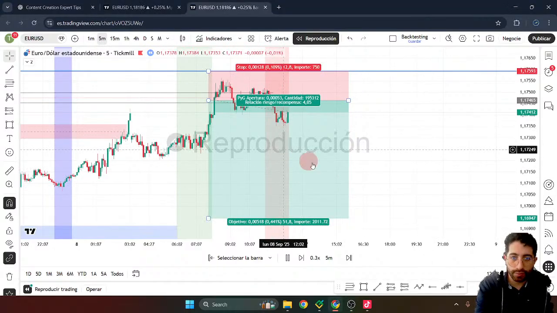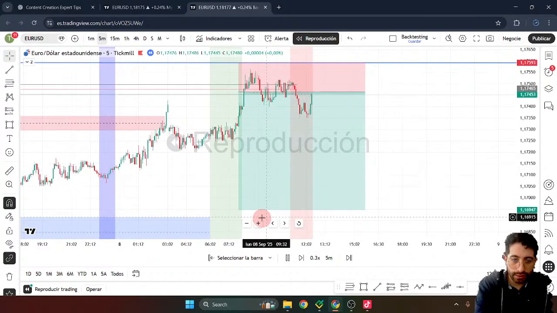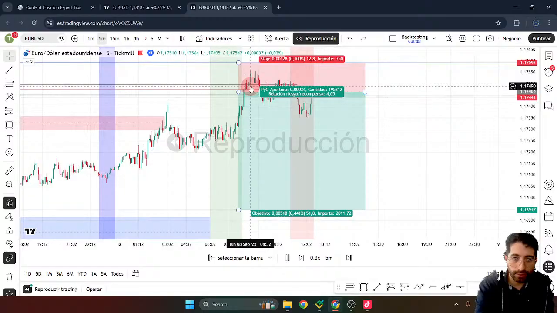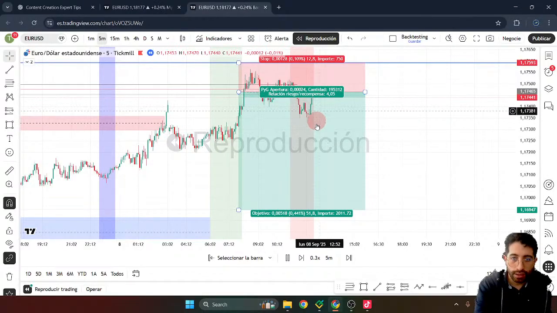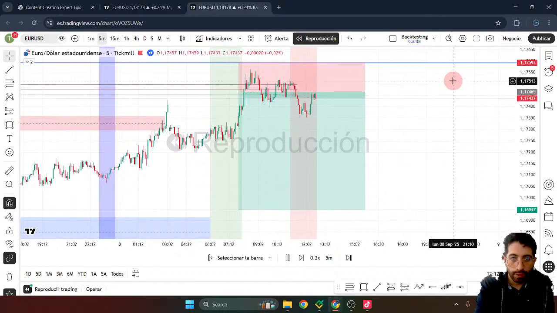So this red, so we enter this, it was open at 8 o'clock, this order, and according to the market it is 12 of the midday. Again, let's wait for the result.